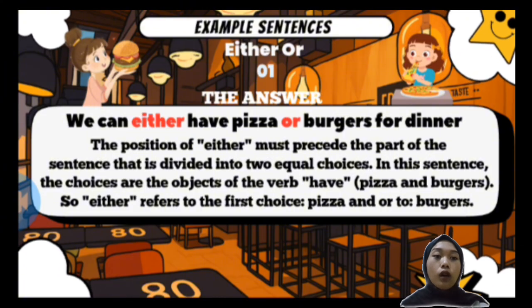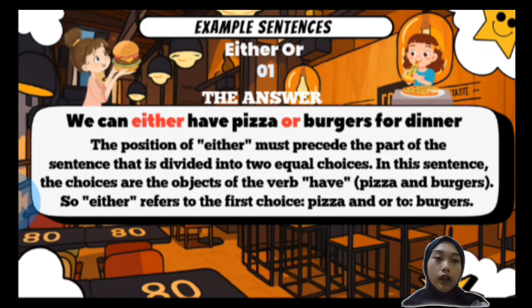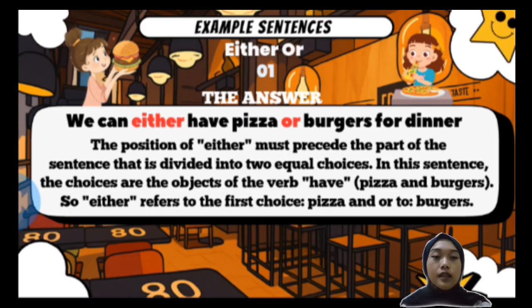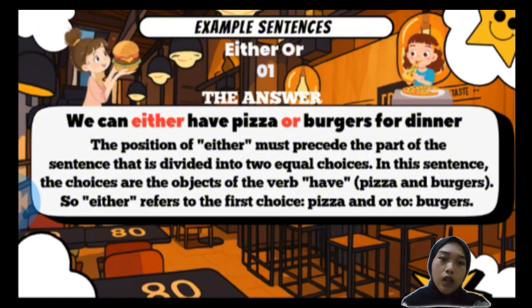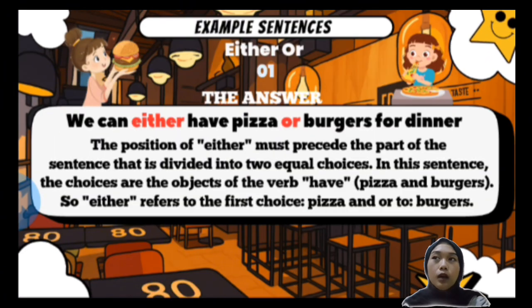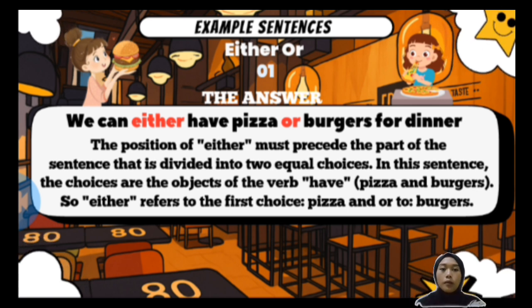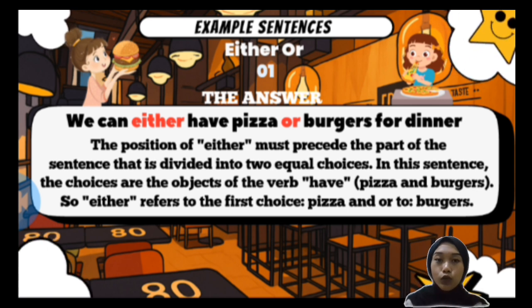Common mistake to avoid: we either can have pizza or burger for dinner. This version is awkward because placing either before the modal verb can break the parallel structure.